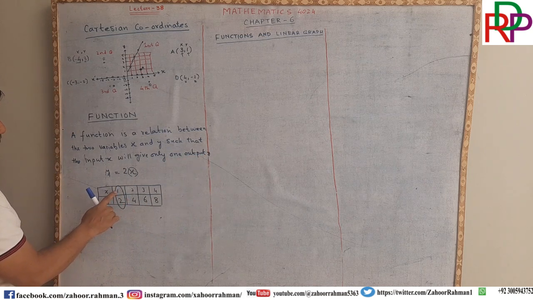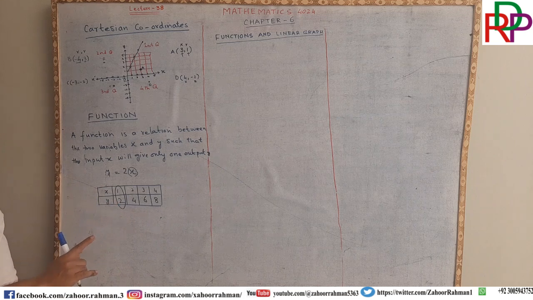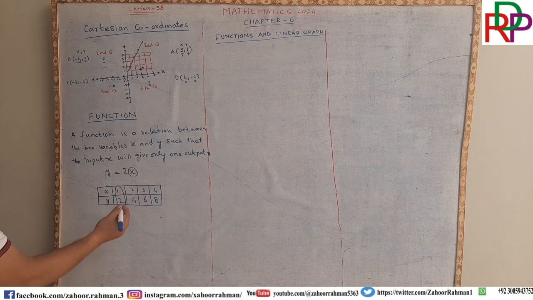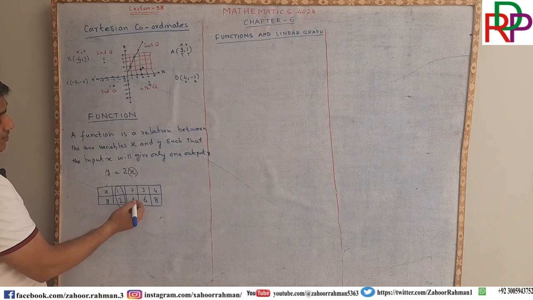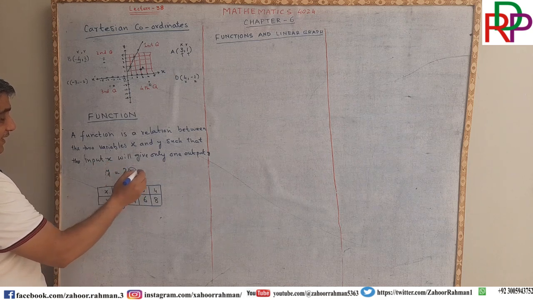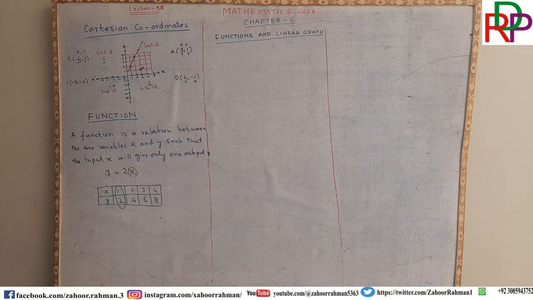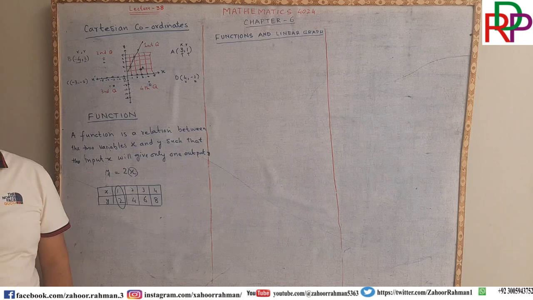So you are giving one input and it will give you one output. And here it is 2 and then 4. We are drawing it in equation form.